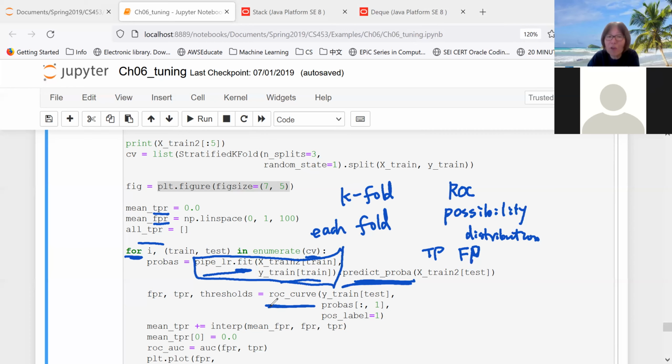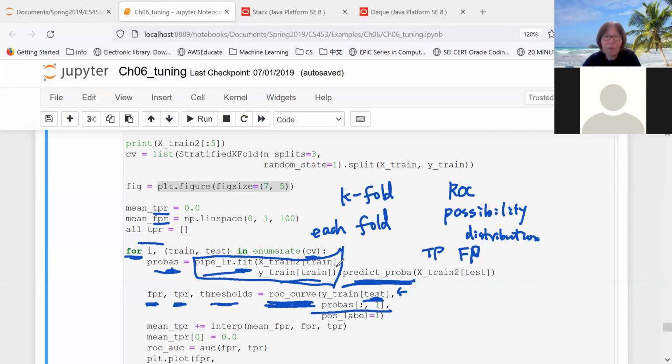Then you just use this ROC curve module. With this module, you plug in the testing data and provide the probability distribution, and it will give you the true positive rate, false positive rate, and the threshold, if you recall from our previous explanation.